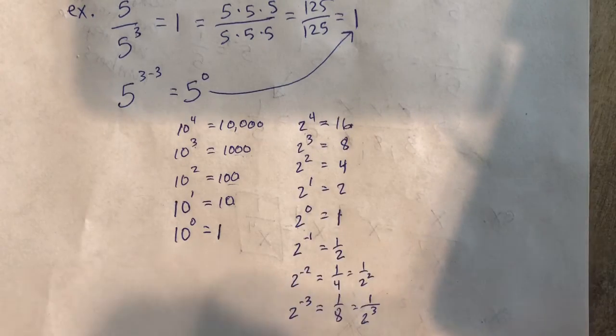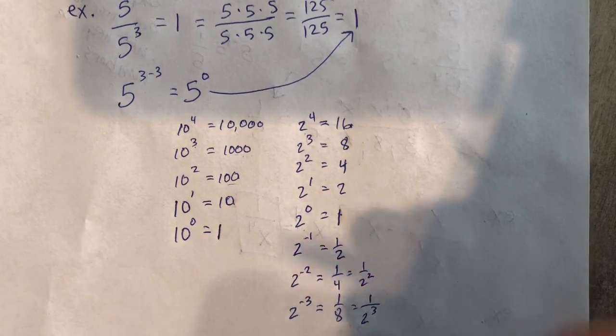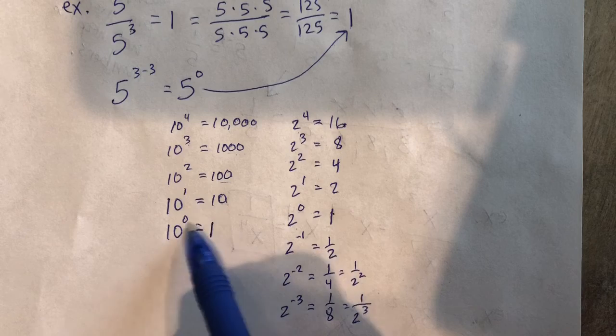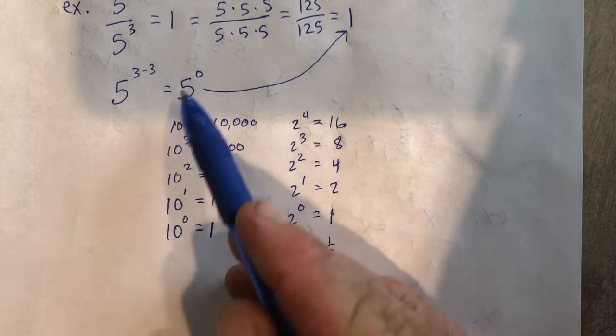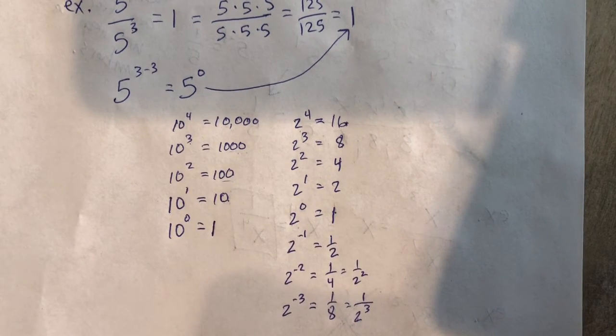So just another way to look at the negative exponents. And the most important thing we're looking at here is 10 to the 0 power, 2 to the 0 power, 5 to the 0 power. Any number to the power of 0 is equal to 1.